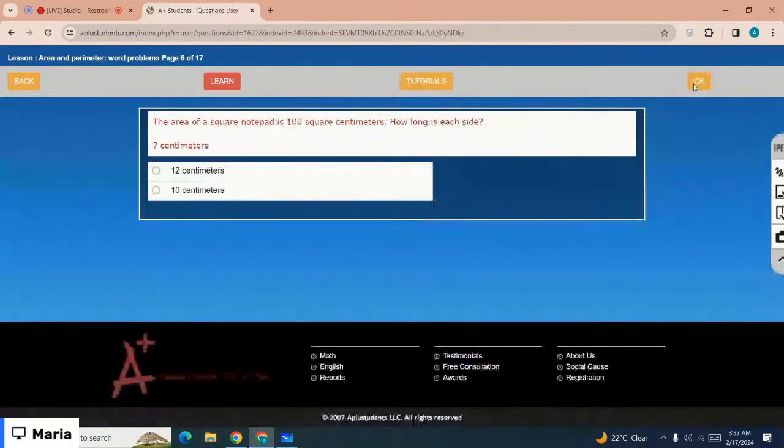The area of a square notepad is 100 square centimeters. How long is each side? You are given the area, right? You have to calculate the side length. So, which is the correct option?